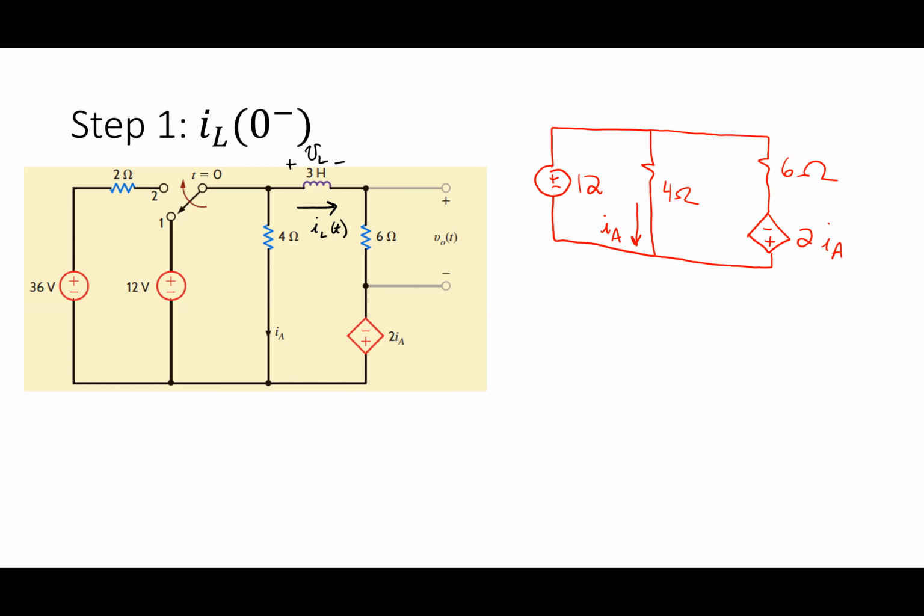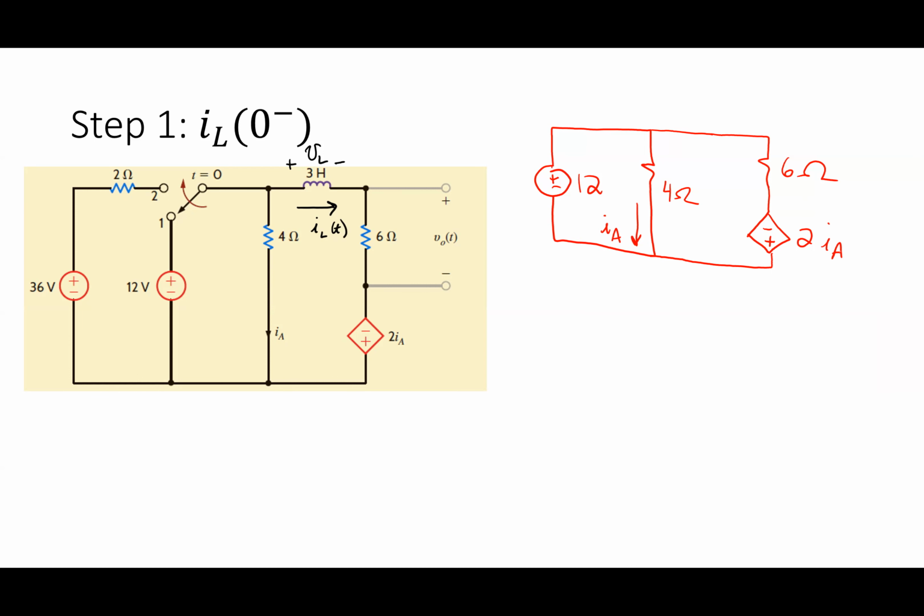Okay. Now, what am I trying to solve for? What is it that I want to find? Make sure you guys don't lose me too much on this. What am I trying to find in this particular step? What's that? IA.